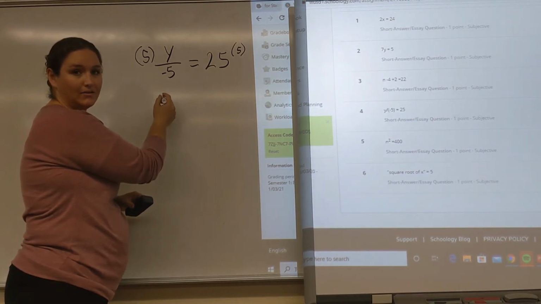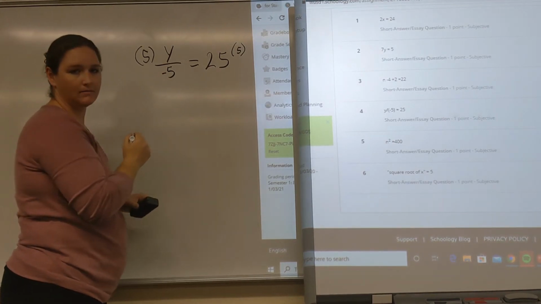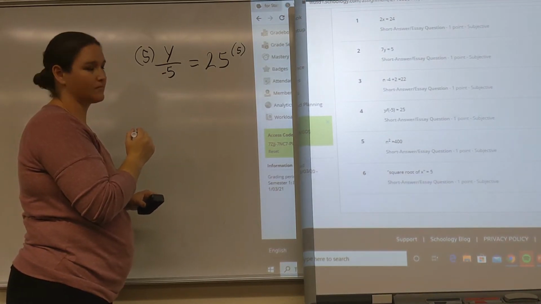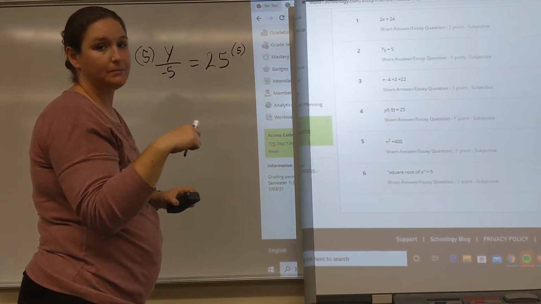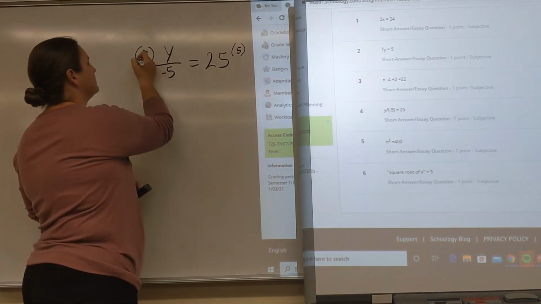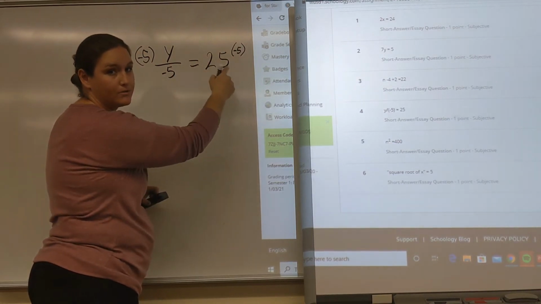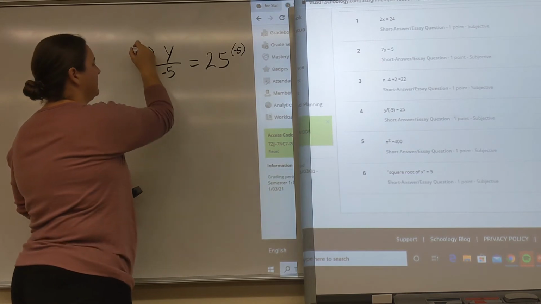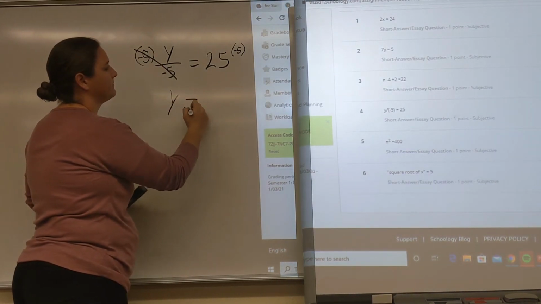We don't want a negative on this side. So how do we get rid of this negative as well? Negative times a negative equals a positive. So we make sure that they are negatives. Both sides negative. This will cancel, leaving us with a y.